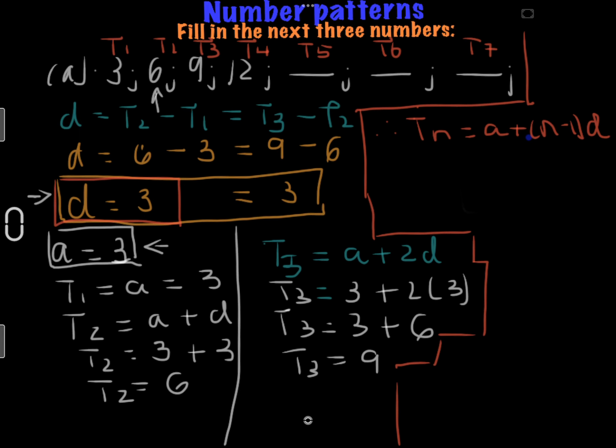Now Tn is equal to A. We saw that A is 3, plus, open bracket, n, we don't know what n is in this case, minus 1, and the difference we found to be 3. Now multiplying this in, 3 times n gives us 3n, and positive 3 multiplied by negative 1 gives us negative 3.